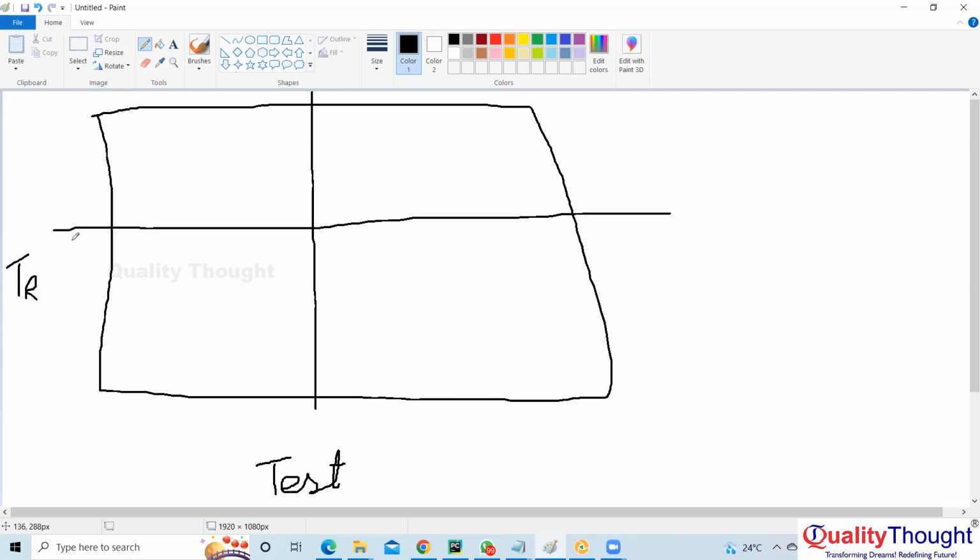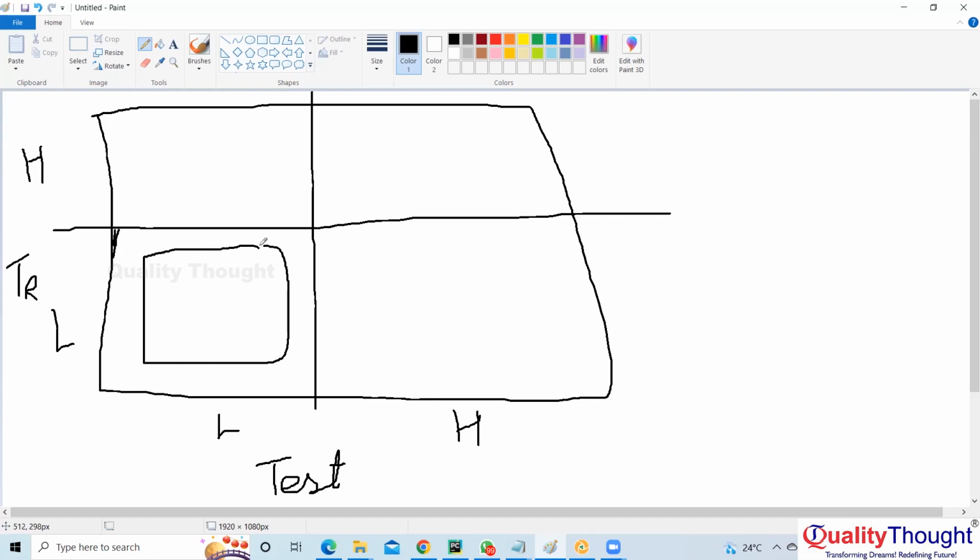So your accuracy is high, your error is less, RMSE is low, R square is high. If you have not performed well on training, you will not perform well in test also. So this is what you will generally see.